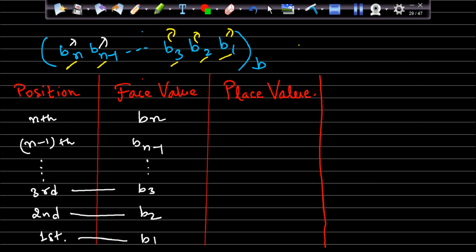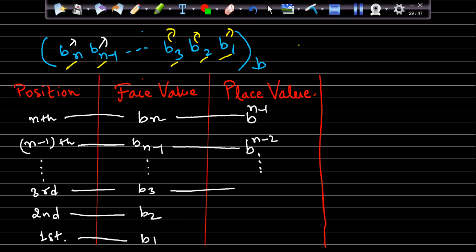What is the place value of the nth place? The place value means the weightage at that position. So what is the place value at the nth position? It is b to the power n minus 1. What is the place value at the n minus 1th position? It is b to the power n minus 2, and so on.